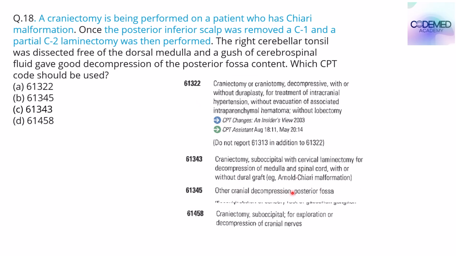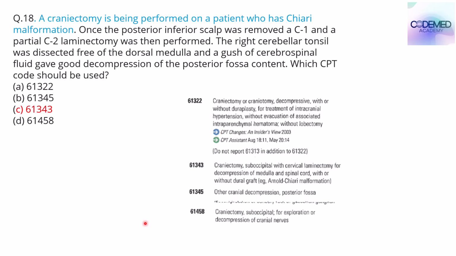And here they have mentioned Arnold Chiari malformation. Of course, that is one of the clues. But another thing is that a cervical laminectomy has happened. Here the C1 and partial C2 laminectomy has been done. So after reading all the code language, I can very well tell you the answer.